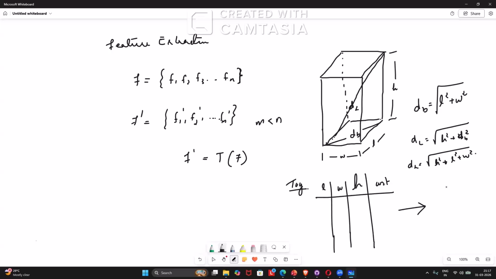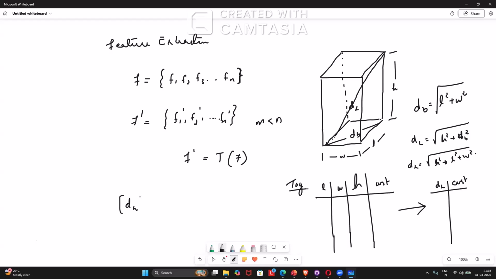So the data DL is enough for this problem, right? So the new feature is derived from DL.